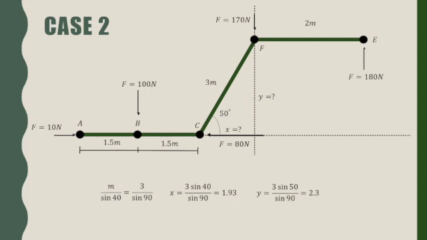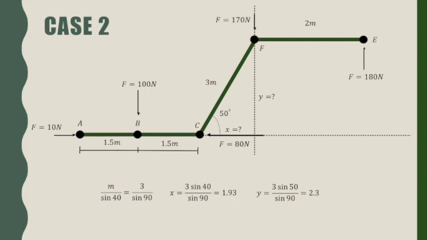We have a force at A of 10 newtons, a force at B of 100 newtons, a force at C of 80 newtons, a force at F of 170 newtons, and a force at E of 180 newtons. We have distances of 1.5 between A, B, and C, a distance between C and F of 3 meters, and a distance between F and E of about 2 meters.